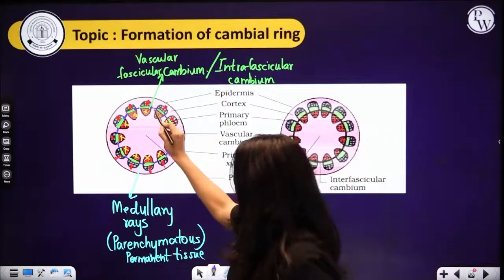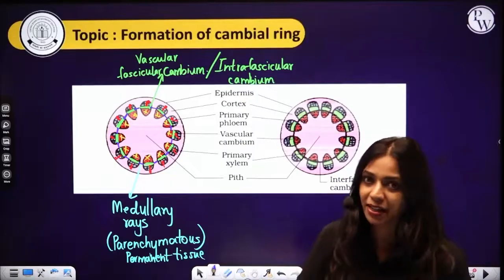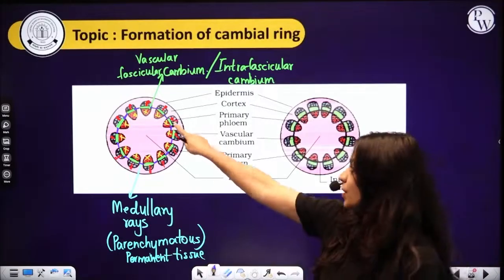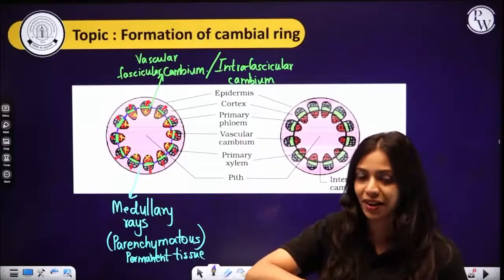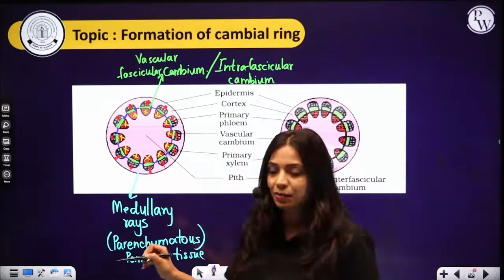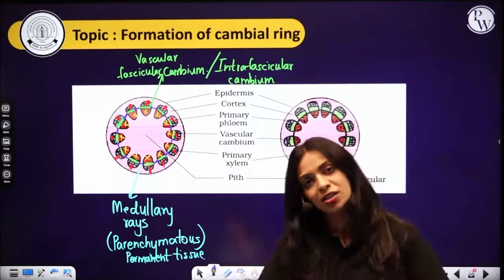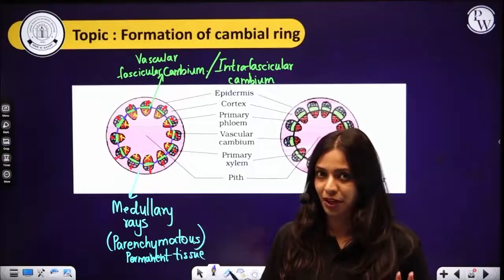Now this green colored cambium that is present between xylem and phloem is meristematic in nature. The cells that are present there have the ability to divide. Now the medullary rays that are present between the vascular bundles are made up of parenchyma. This has lost the ability to divide and become permanent.